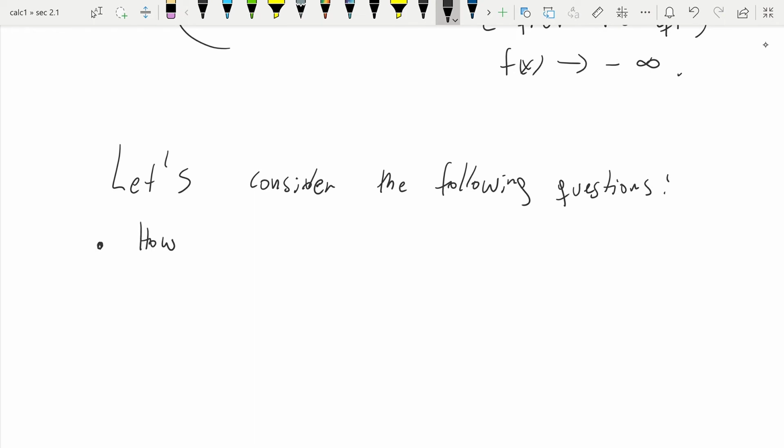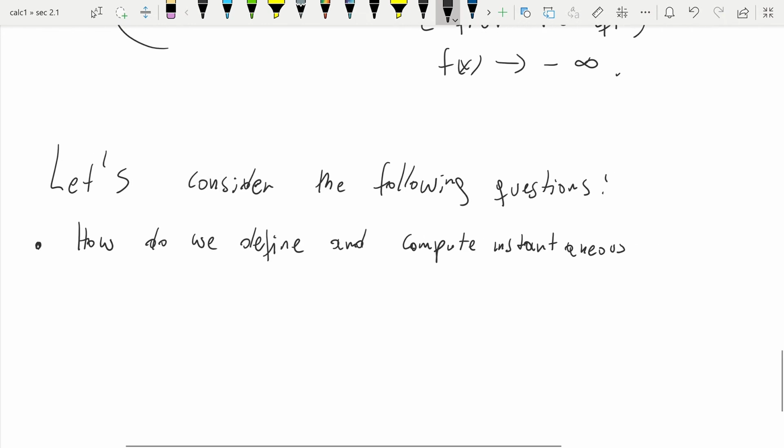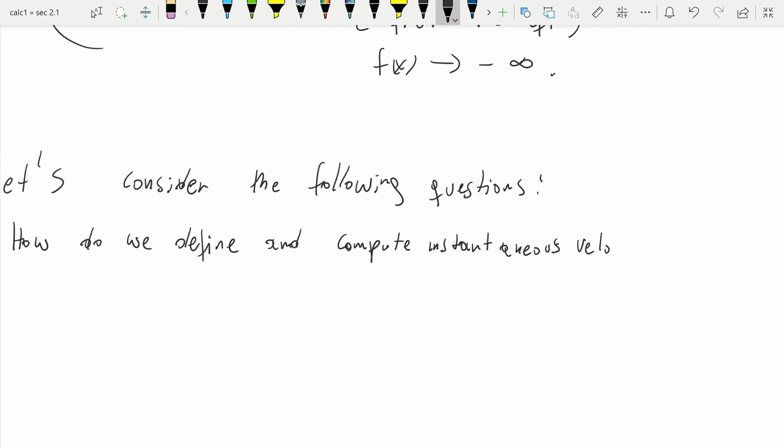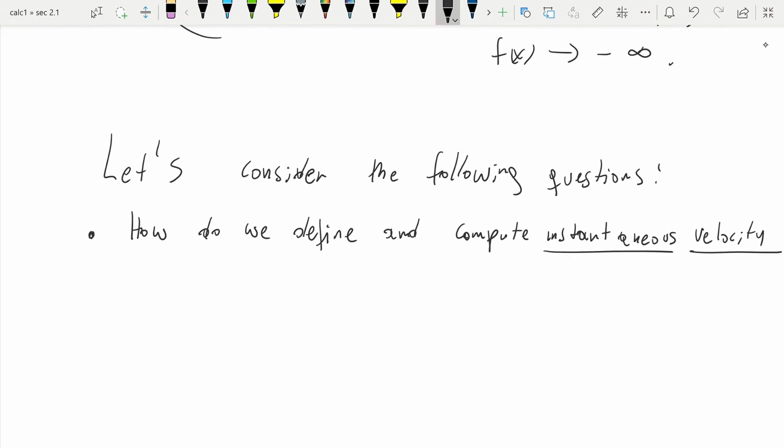First one is, how do we define and compute instantaneous velocity at a particular point in time?